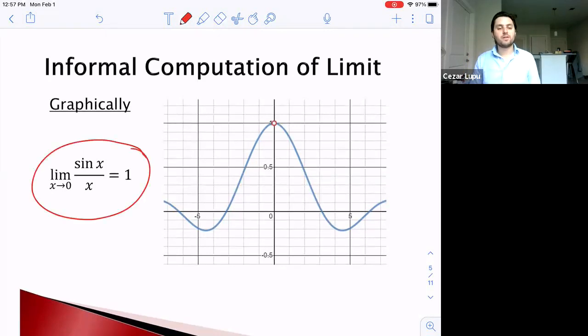So the limit, if you take the sine of x and you divide it by x, right? This limit as x approaches 0, when x is small enough, will be 1. This is important. This is 1. Right? And if you look at the graph, the value 1 is there, and the tendency when x approaches 0 is to go to 1. It's quite clear.